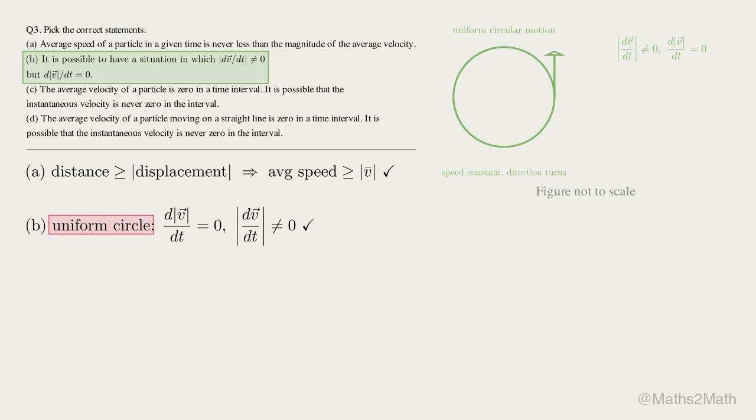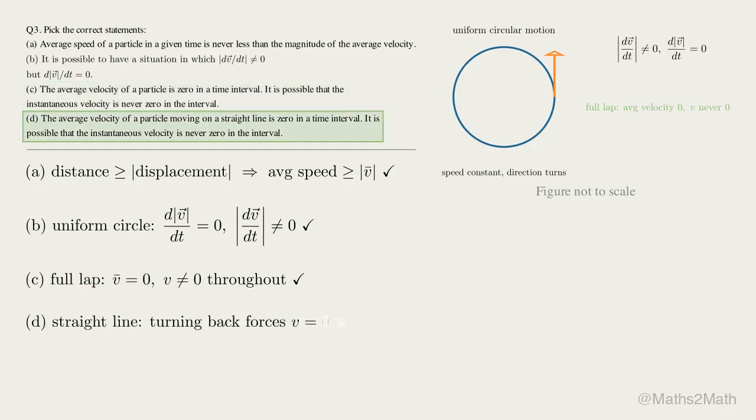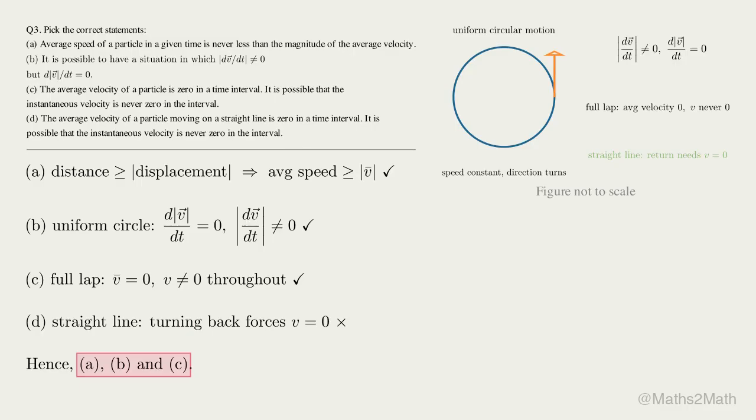Option B is correct. One full lap of that circle, the displacement is 0, so the average velocity is 0, yet the speed was never 0. Option C is correct. But on a straight line, returning to the start means reversing direction, and reversing continuously forces the velocity through 0. Option D is wrong. Hence, options A, B, and C are correct.